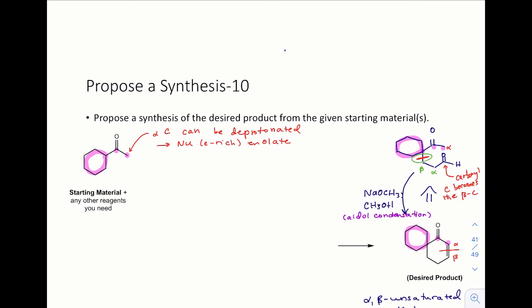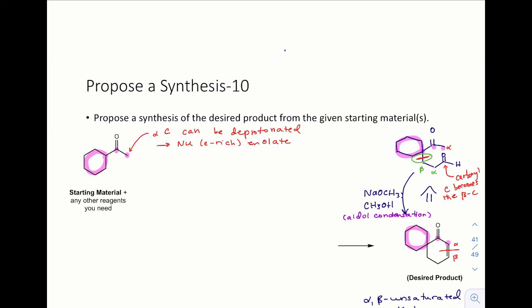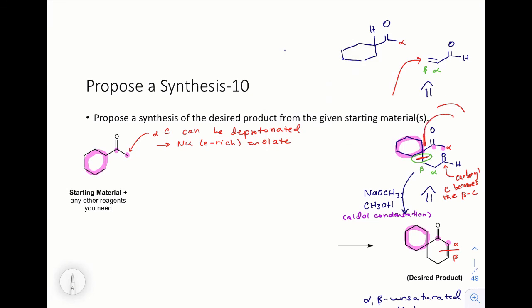But we see this key bond that needs to be made is to a carbon that is beta to a carbonyl. So that tells me that could be made via a conjugate addition. The conjugate addition to this beta carbon happens from the other alpha carbon of the ketone. So it happens from the more substituted alpha carbon of the ketone.